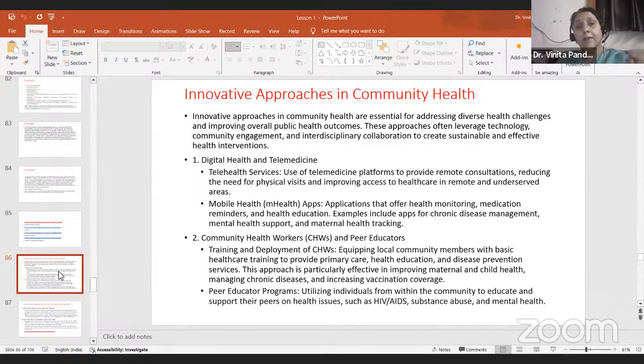And that is where we are able to use ICT and mobile technology in various applications connected with digital health and telemedicine. We were also trying to talk about community health workers.